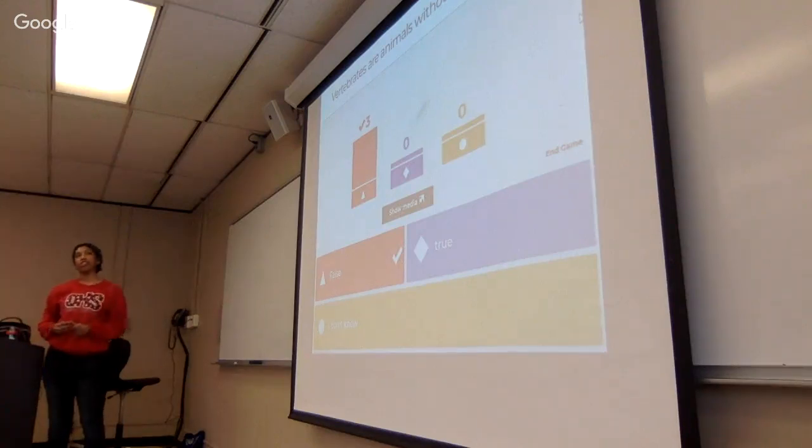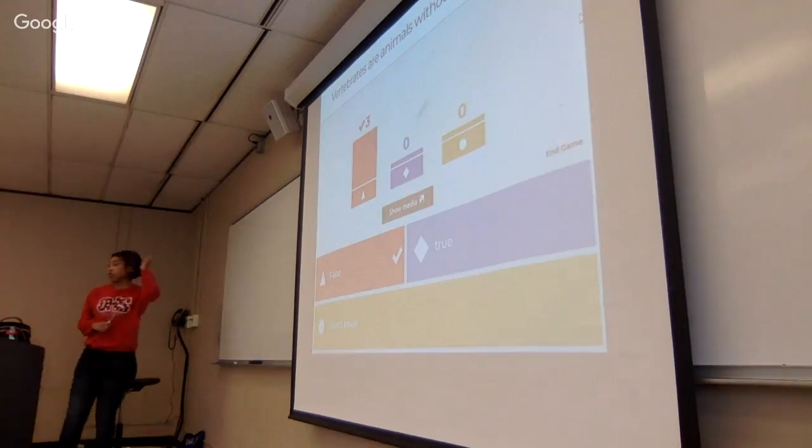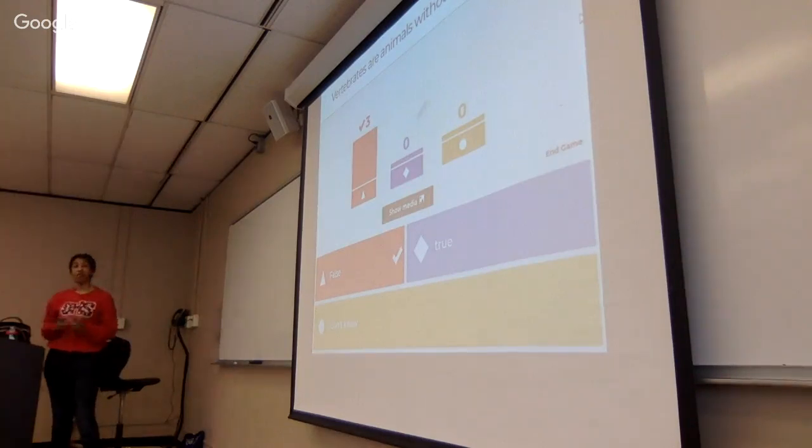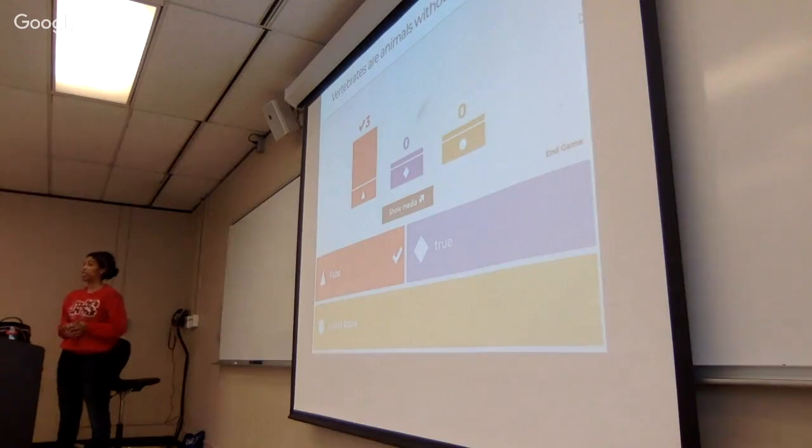What should this sentence say? With the backbone. Right. Vertebrates are animals with a backbone. Does anyone have any examples of vertebrates from the lecture? Right, us. What's the broad name? Mammals, right?